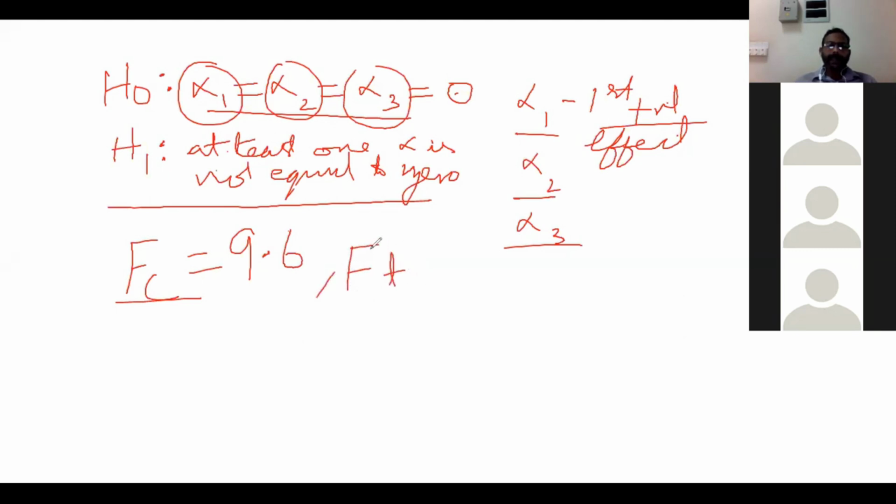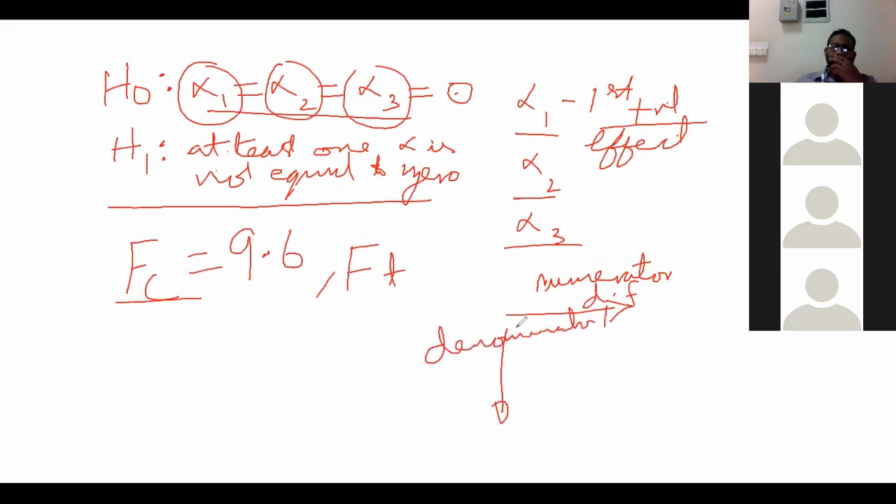How to find out the F table value? In your last course, we have seen the F table. Take out the F table. We'll have to look in two directions: this is numerator degrees of freedom, and this is denominator degrees of freedom.